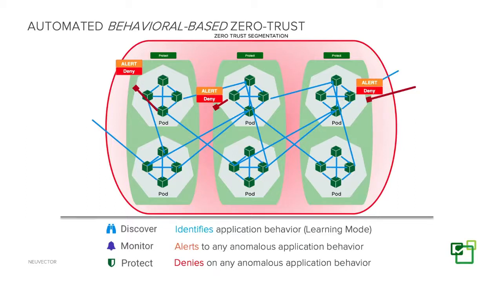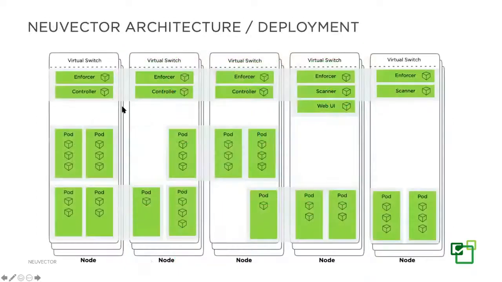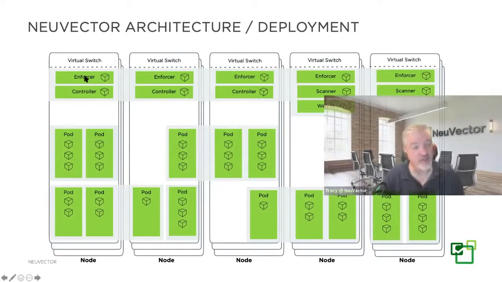NeuVector was the only product that was able to scale to 1,000 nodes, which also tells you a little bit about the performance aspects. If you can't scale to 1,000, then you're going to start seeing performance issues at a lower level. When we are in protect mode, these enforcers are then in line with that traffic, and we incur on average about 3% latency on that node.